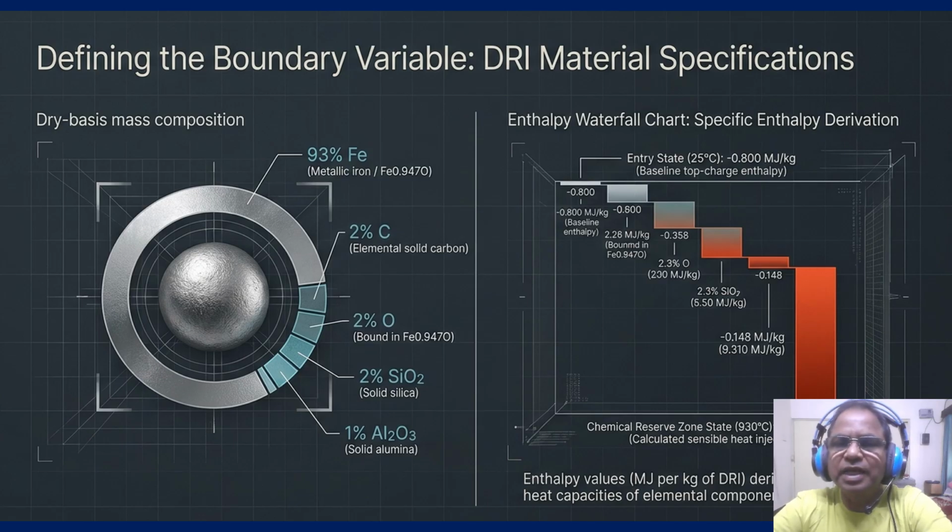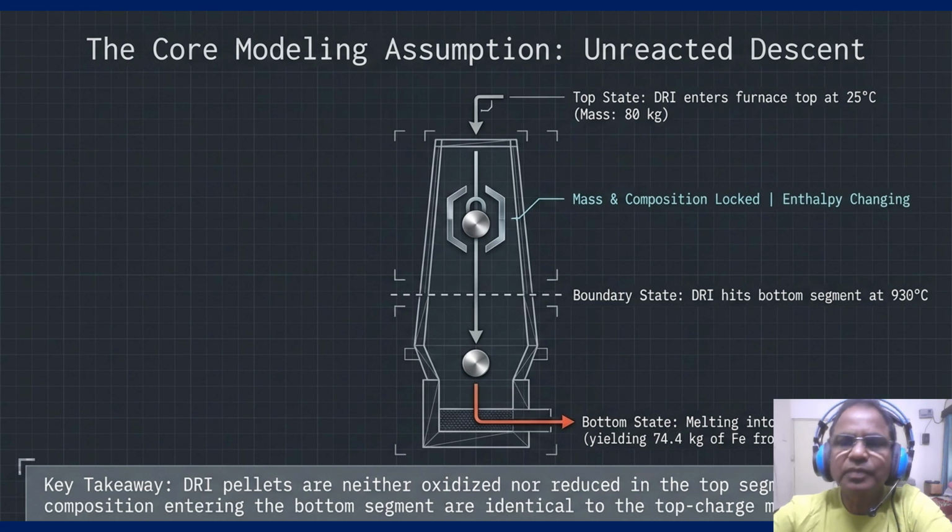But for this enthalpy shift to work in our model, we must establish a firm assumption about the material behavior during the descent. So follow the gray arrows in the furnace diagram.